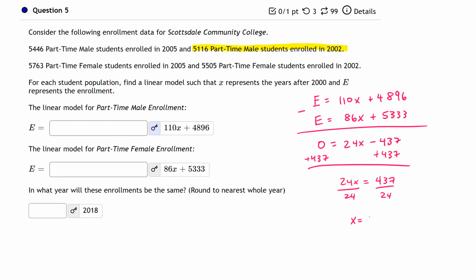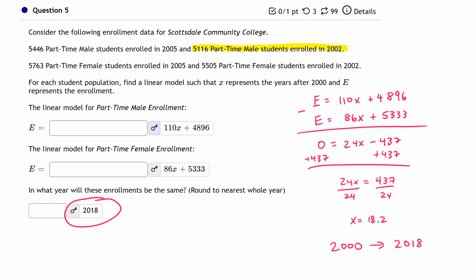So x equals 18.2. It tells us to round to the nearest whole year. So if I add this to 2000, 18.2 years later ends us up a little bit after 2018. So like 2018 and some change.